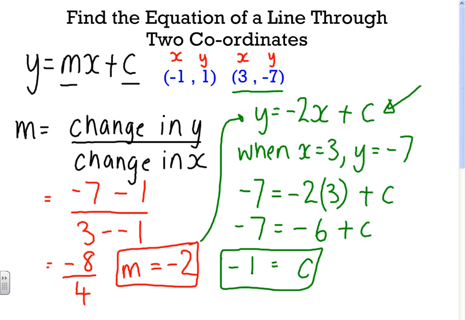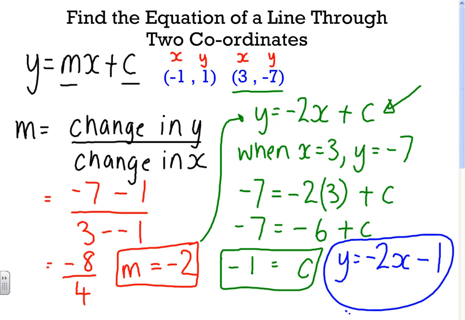And that's the final part that I need to put everything together. So I know that because m is -2 and c is -1, that y equals -2x take away 1. And that's my final equation, which goes through the coordinates -1, 1 and 3, -7.